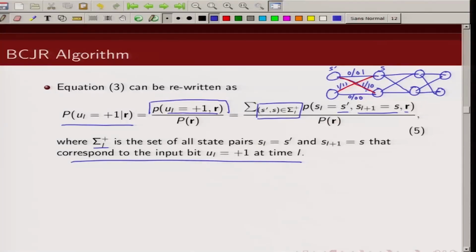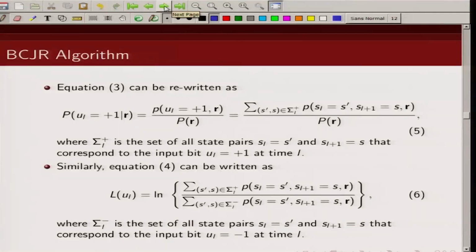So, I can write the joint probability of UL being +1 and R in terms of the valid trellis transitions in this way: the probability that the initial state is S prime, the next state is S, given that I have received sequence R, summed over all those transitions which belong to input bit being +1.